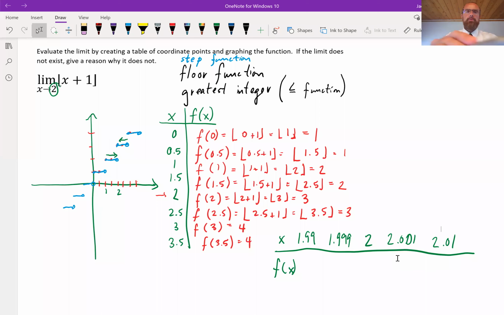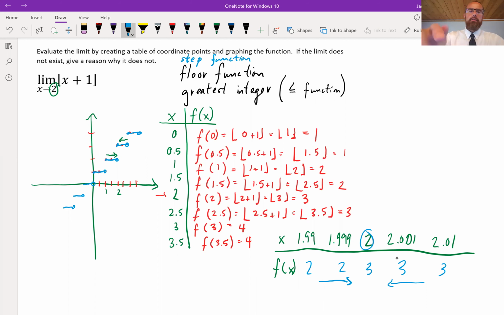So definitely as we look at these outputs, 2 and 2, and then 3, 3, 3. And so what I see is that on the left, as we approach the x value of 2, the y values are 2. Whereas on the right, as I approach the x value 2 from the right, the outputs are 3.